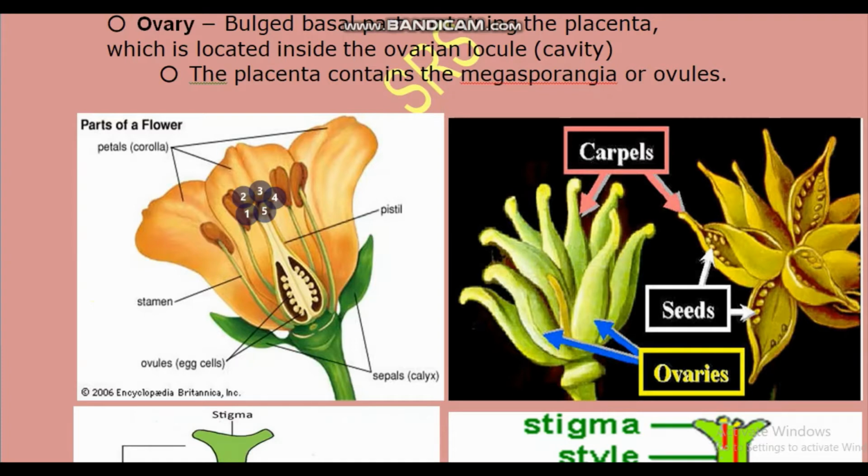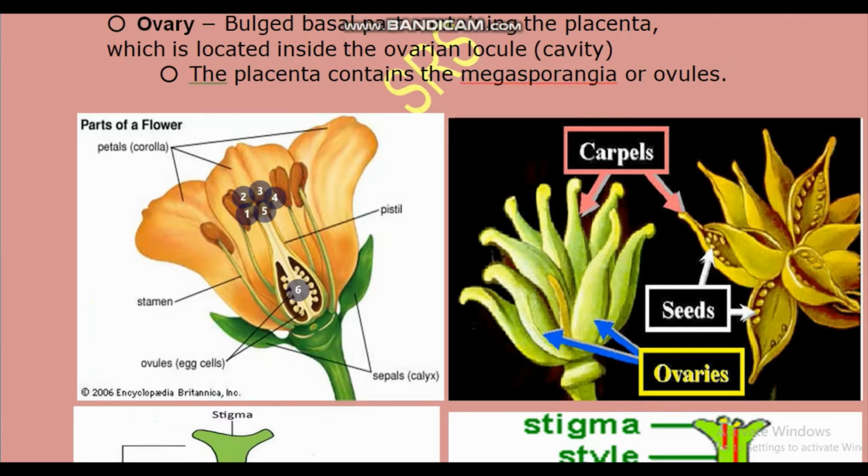But in the basal portion, we can't see the 5 ovaries separately. There is a single ovary. So we can say that it is syncarpous condition. From the aerial picture we can get the idea that 5 carpels are there, but all of these are fused together. So this is syncarpous.